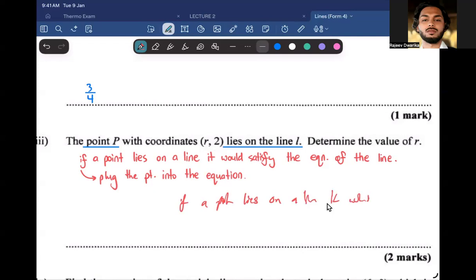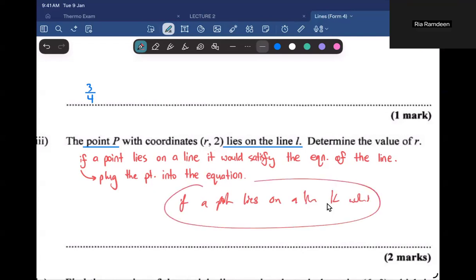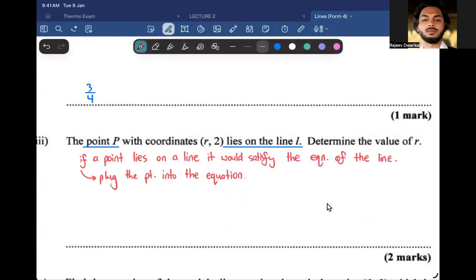This is how I write when I'm revising. I don't write this neat, because I process things fast and write fast.